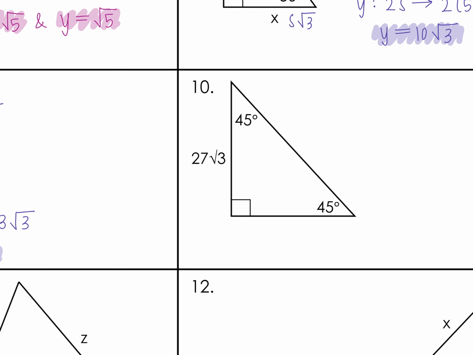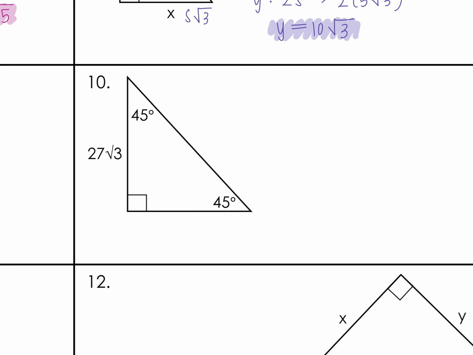Okay, moving into number 10, we have 45, 45, 90. So that's going to give us an s, s, and s root 2. This is another one I did forget to label. So I'm going to call this side x here, and we'll call this one y. Since my s is going to be equal to that 27 root 3, and my x is s, we know that x is going to be that 27 root 3.